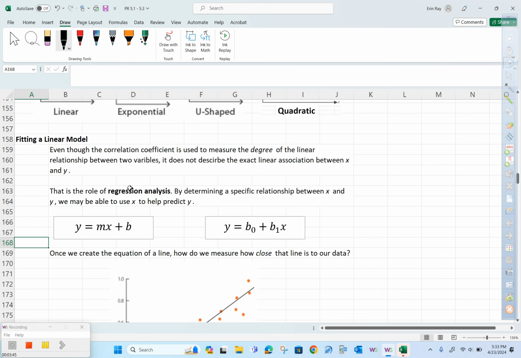Now, one thing I want you to take note of is the word they use here is regression. This regression is a fancy word that just means the model. And for us, it's going to be the line of best fit, or a linear regression, a linear model. So that just means the equation that we're using to model our data.